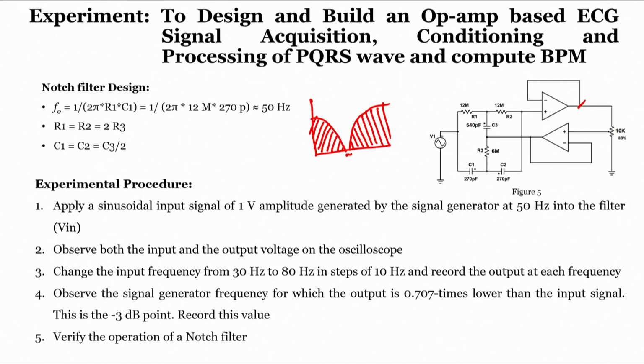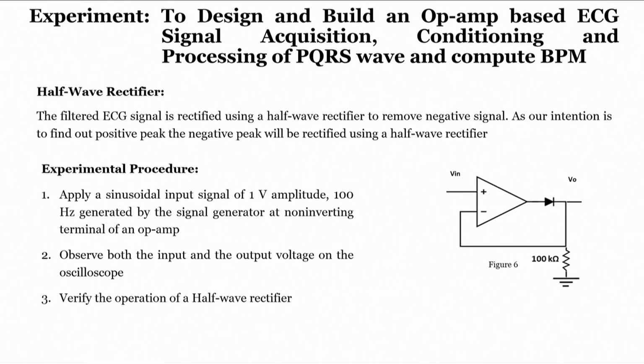Now, if we see our half wave rectifier, since we require to remove our negative signal, as our intention is to find our positive peak, the negative peak will be rectified using this half wave rectifier. Now, how does it work? If you clearly see, the input is connected to the positive terminal, and forget about the diode right now. If this diode is not there, how does it look?